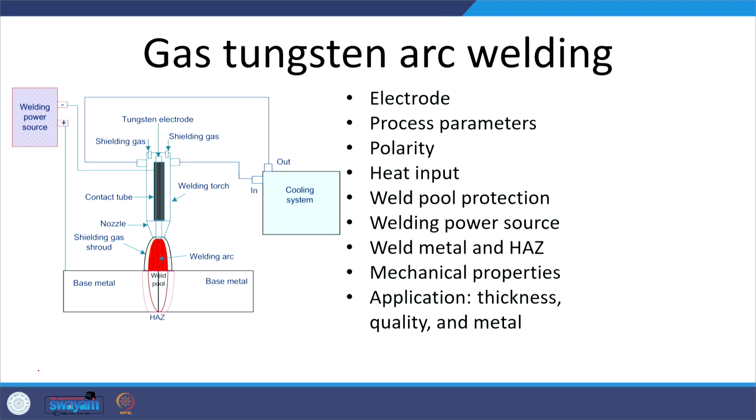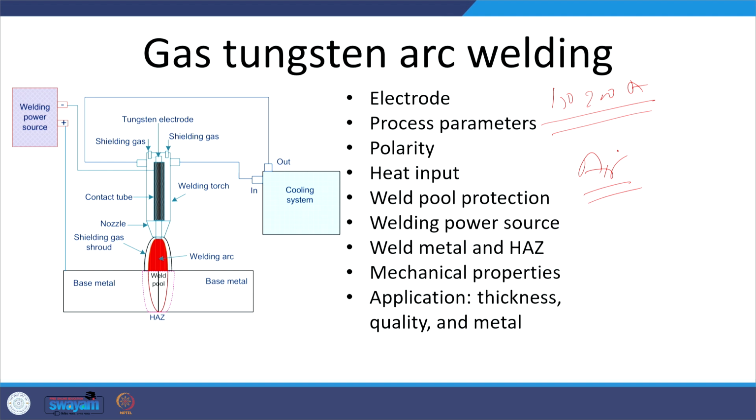So, this is about the electrode. Sometimes the welding power source and the welding torch are of a lower rating, meaning they can handle up to 150 to 200 ampere current or even less. When low current is used, even air cooling helps in maintaining the temperature of the electrode within the safe limit, so we can use air-cooled welding torches.